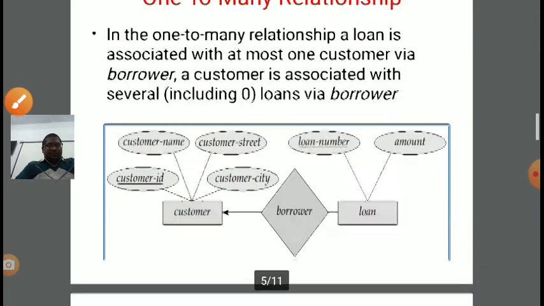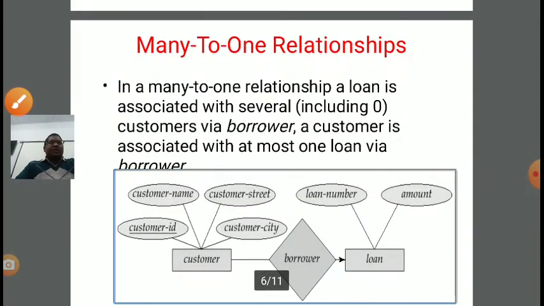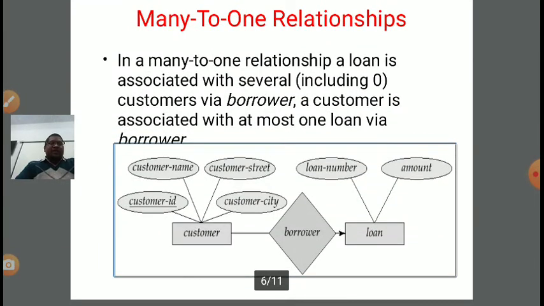Okay, next, the many to one relationship. In a many to one relationship, more than one entity from the first entity set is associated with only one entity in the second entity set. So many entities from entity set A are linked with one entity of entity set B. In this example, the first entity set is customer and the other is loan.